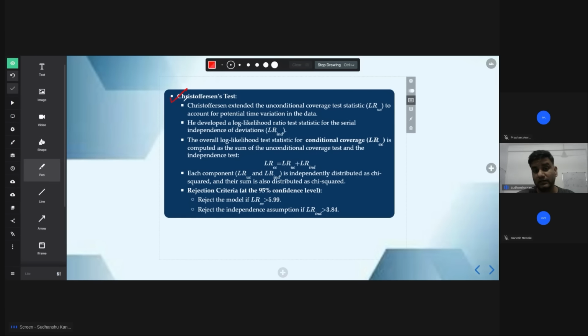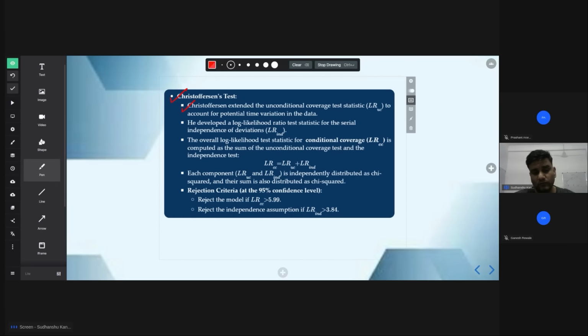This is the statistical test used for conditional coverage. Who developed it? It was developed by Peter Christoffersen in 1998.